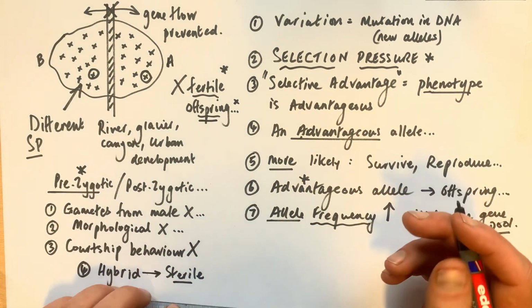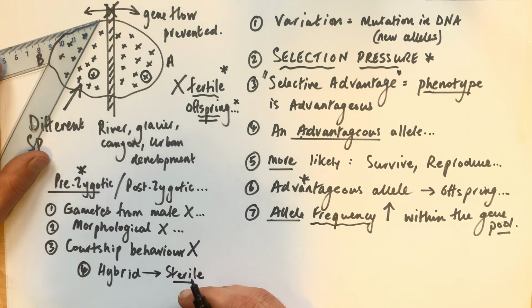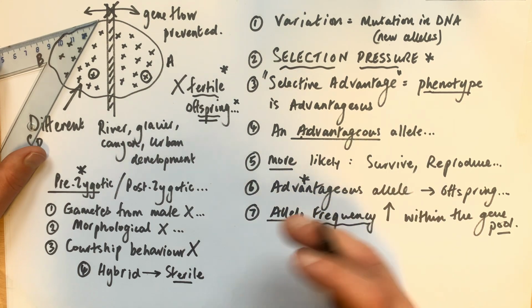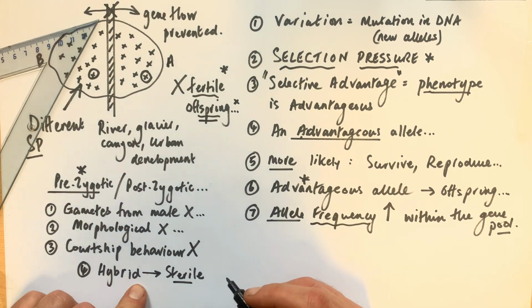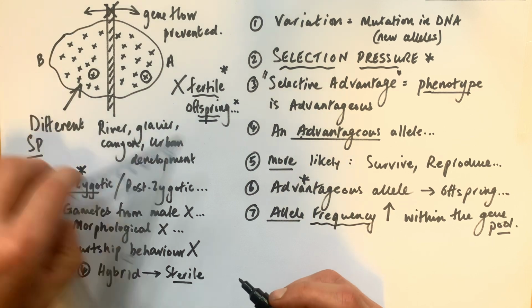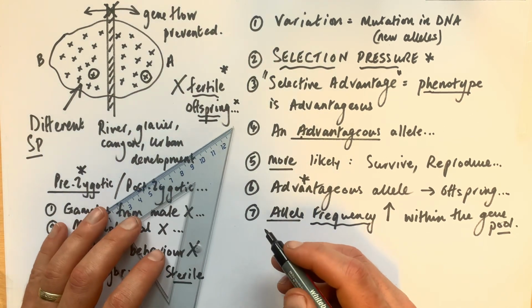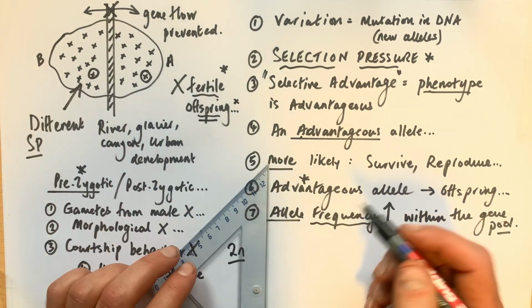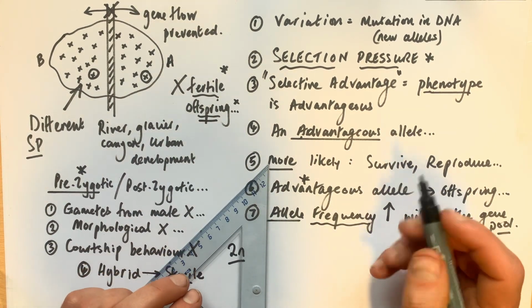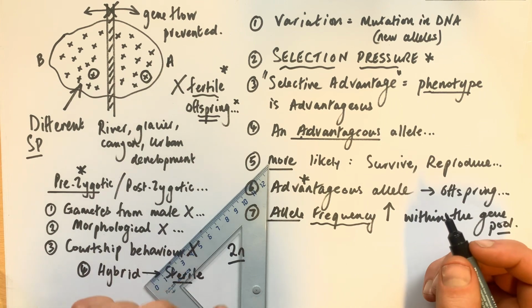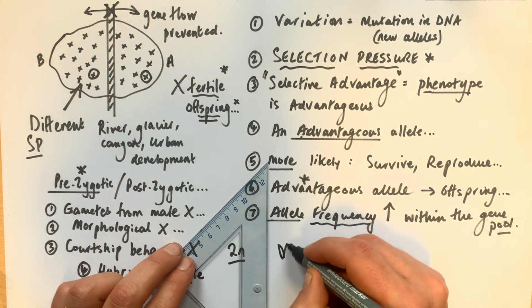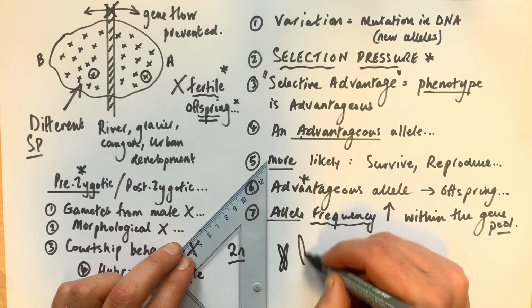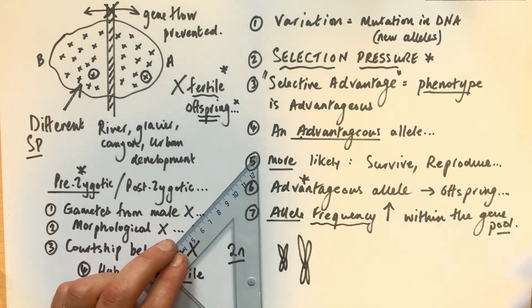Now, the reason that some of the hybrids cannot make gametes, they're sterile, it's called hybrid sterility, is because even though the offspring are diploid, that means they've got two sets of chromosomes, the chromosomes are not homologous. So the germline cells within the hybrid animal would have chromosomes that might not be homologous.